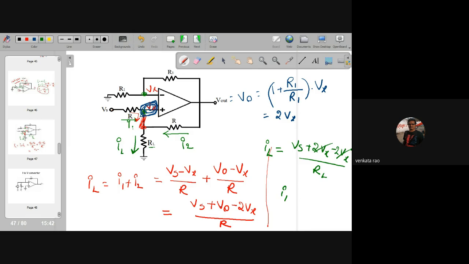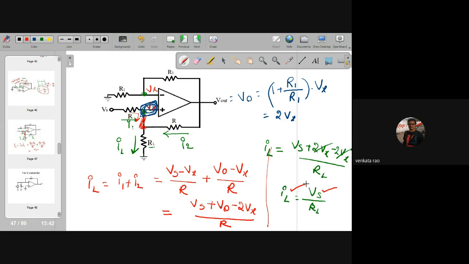Therefore, load current is Vs by R. See here, your input voltage is converted into output load current. That is the voltage to current converter.